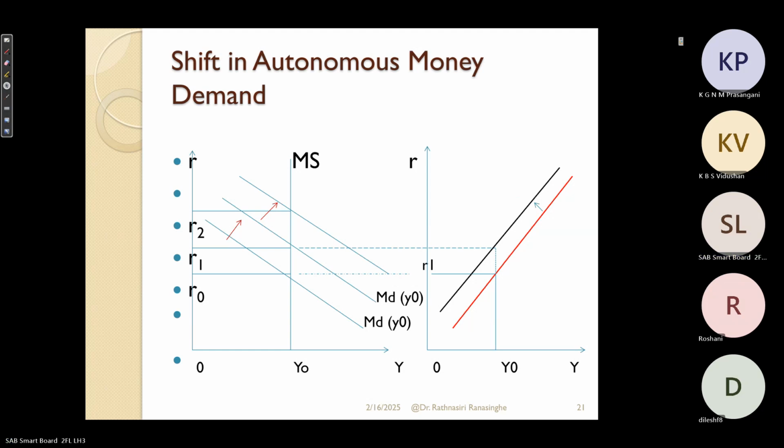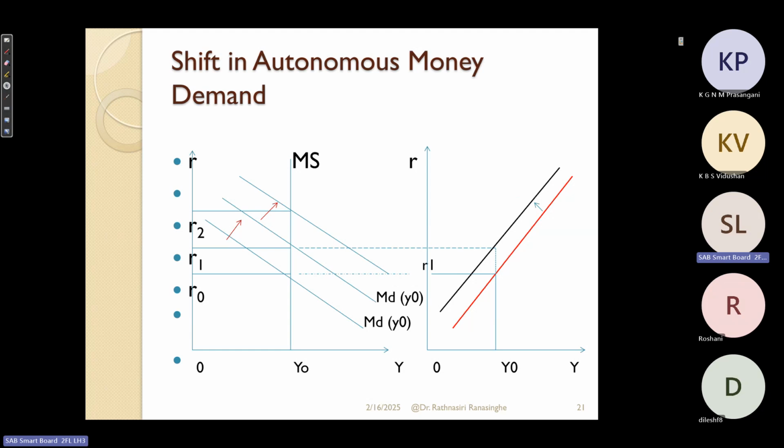So the interest rate increases. If there is a further increase in the autonomous part, this curve shifts further to the right and the interest rate is pushed up. Income does not change, but the interest rate increases.